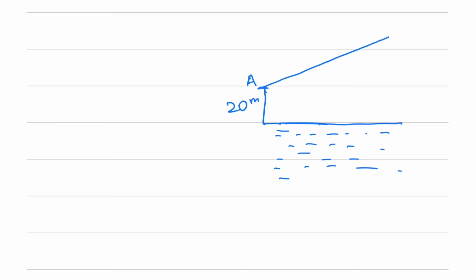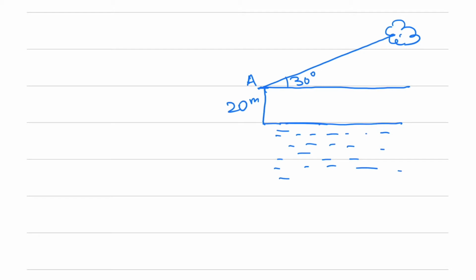Okay, and point A is 20 meters above the level of the water. Angle of elevation of the cloud is 30 degree. So here we have the cloud, and this angle of elevation is 30 degrees.